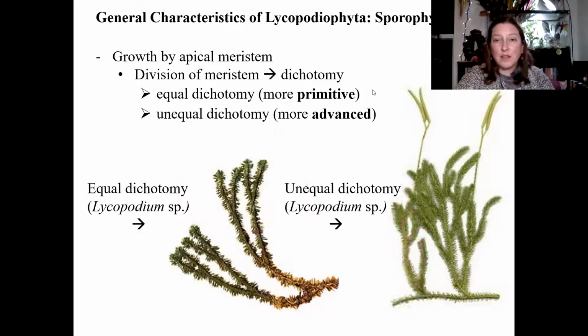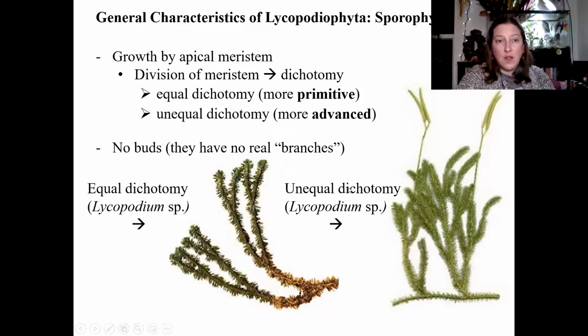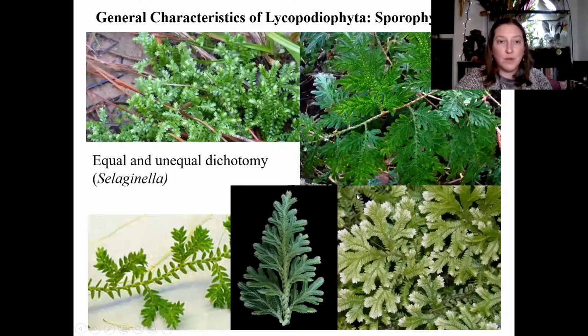And that's more advanced. I should point out, I did say branching pattern a second ago, but technically these aren't branches, and we'll understand that more in another lecture, just to keep it straight.